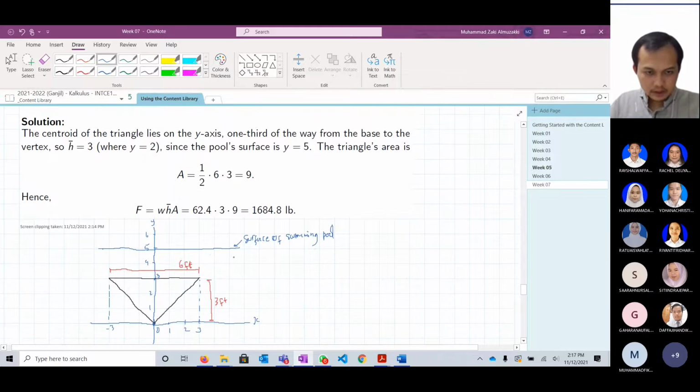So here we have that the distance from the surface to the base of the triangle is 2 feet.